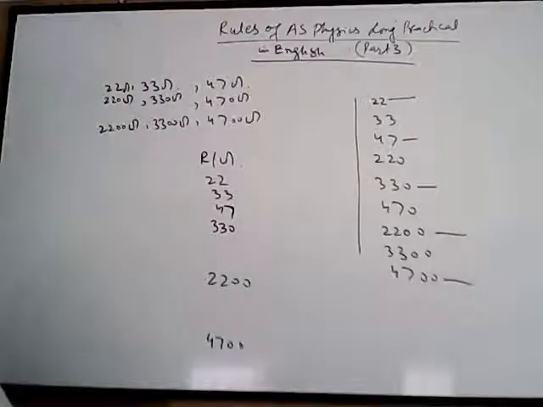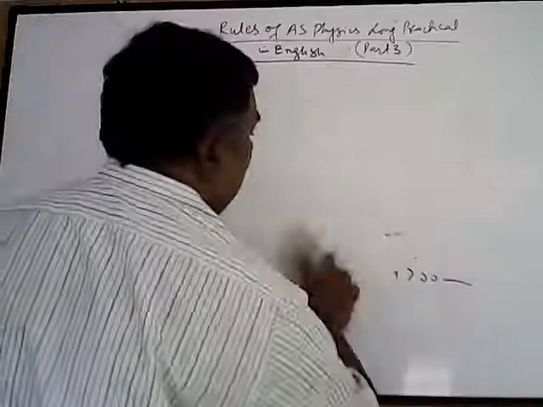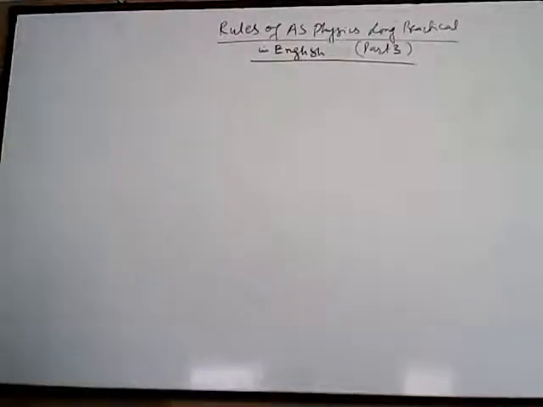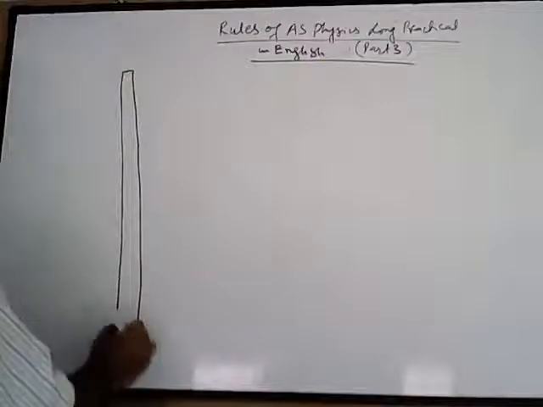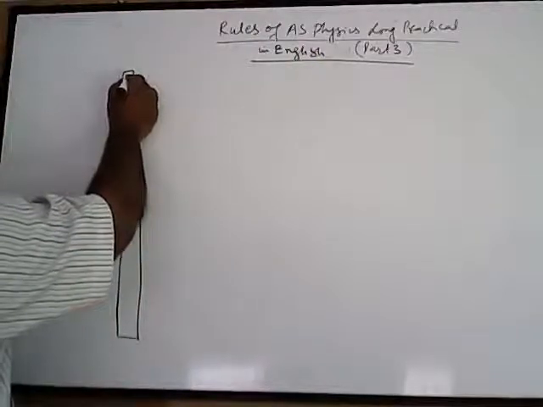Now suppose in one of the practicals we were asked to oscillate. We will do that practical also. In one of the practicals, suppose we were given a meter rule. It has one hole at the top, and this is fixed.